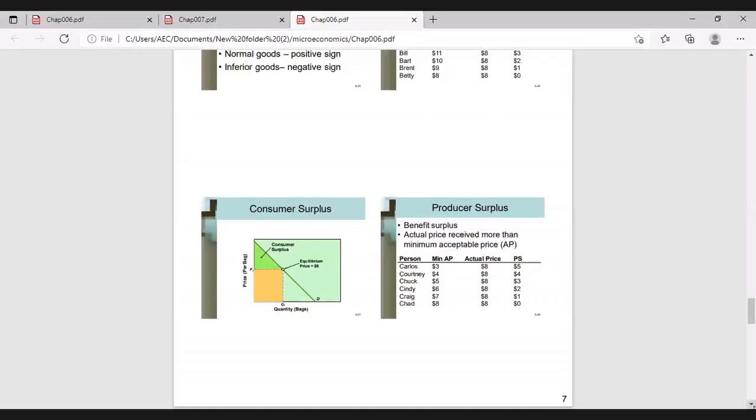Consumer surplus is the difference between the price the consumer is willing to pay and the price they actually pay. In the market, all the consumers pay the market equilibrium price for any quantity they buy.